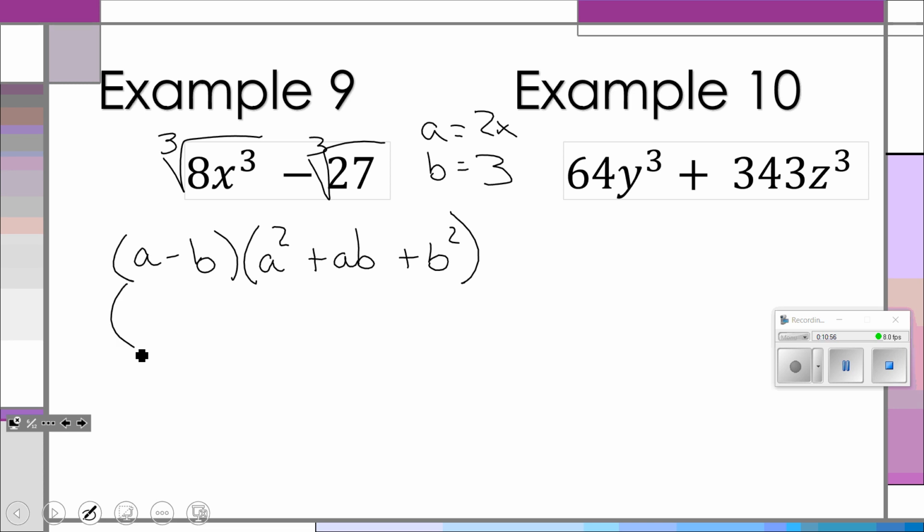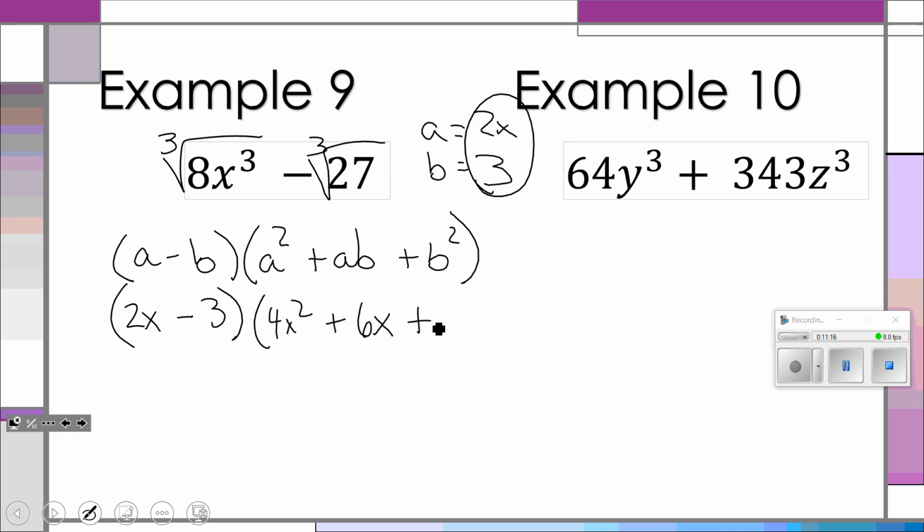So my A is 2x minus 3 times quantity of square the 2x, that means you have to square both, 4x squared, plus multiply them together, 6x, and then square the B, 9.